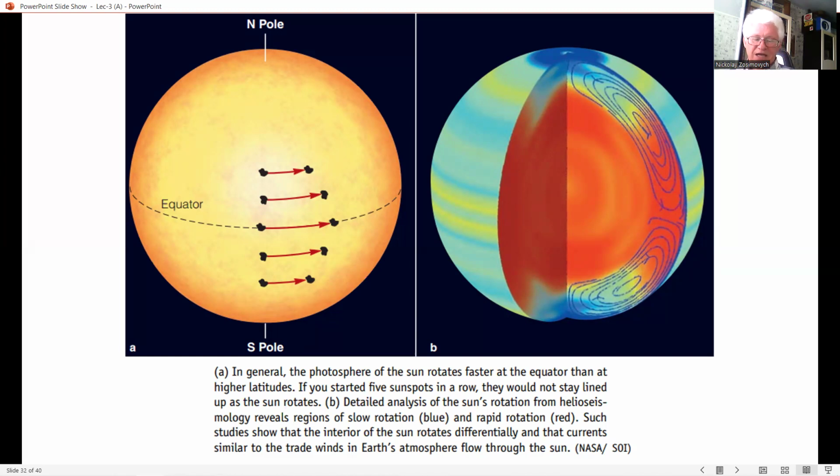Helioseismology can map the rotation through the interior, as you can see on the right side of this slide. And even the different levels rotate with different periods. This phenomenon is called differential rotation, and it is clearly linked with the magnetic cycle.